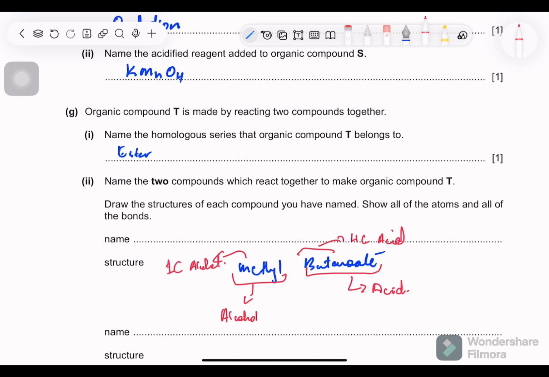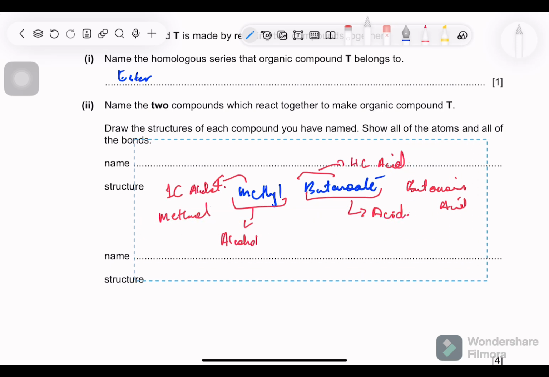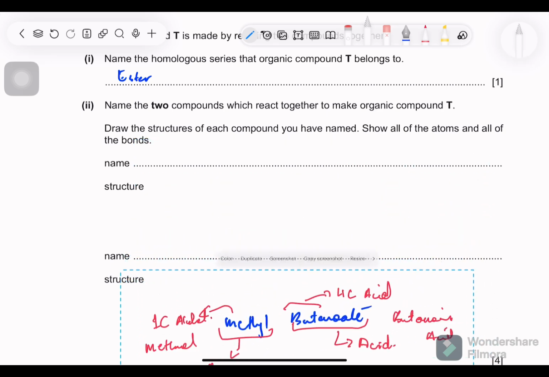So this will be methanol, and this will be butanoic acid. So we have to draw these two structures, and the names we have already done.